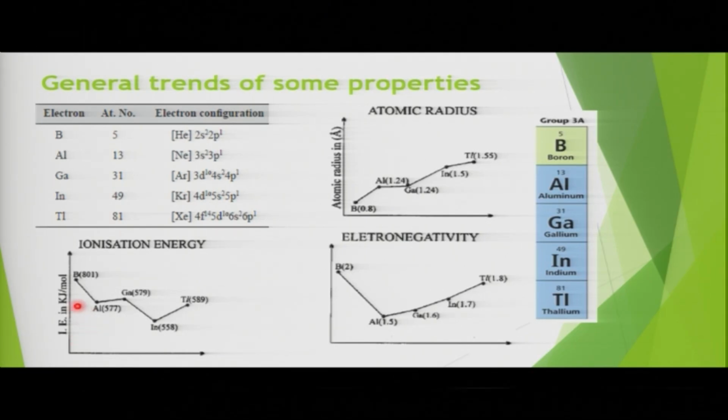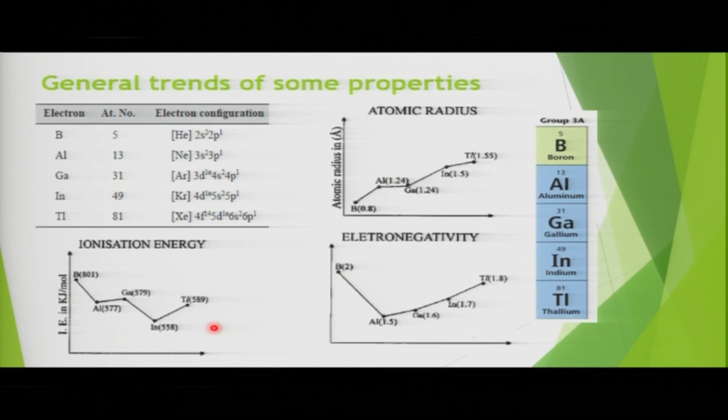You notice that we have boron with 801 kilojoules per mole. Then we have thallium with 589 kilojoules per mole. Let's leave the variations in between and first make a general description.